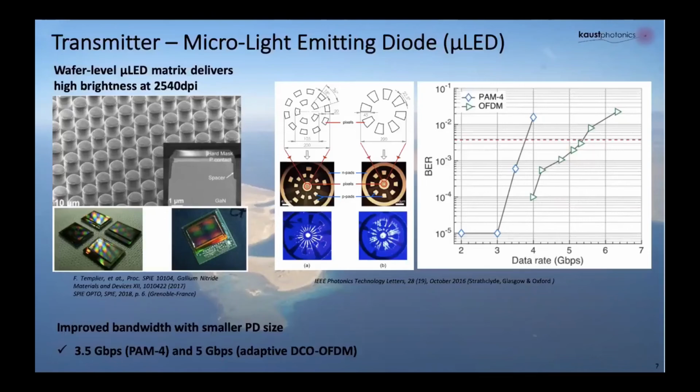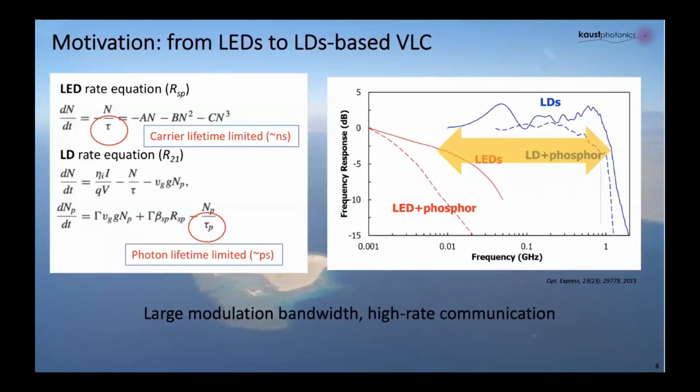The early work was demonstrated by Martin Dawson in Strathclyde and Glasgow's group, as well as Dominic O'Brien in Oxford. And one of the challenges for using micro LED is the power, because you can never get enough power from a small little element of LED. Let's really look into what is the limiting factor for LED modulation and the bandwidth.